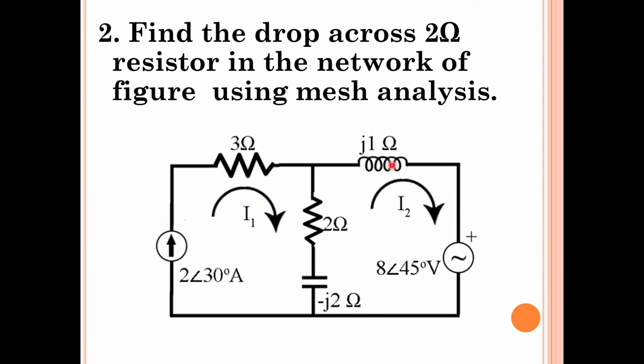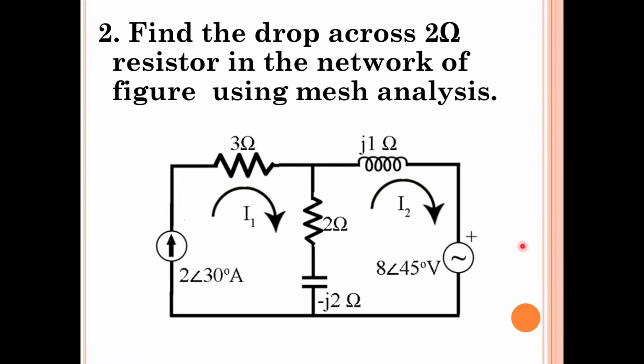So this is our sinusoidal input voltage, and the voltage magnitude along with the phase angle is mentioned. Also the current magnitude along with its phase angle is mentioned. Even the mesh currents are mentioned. I1 current and I2 current both are in clockwise direction.